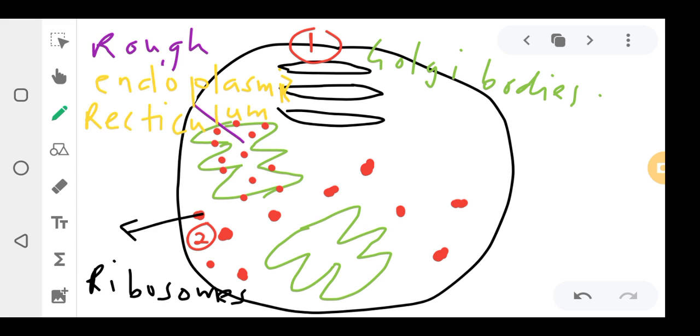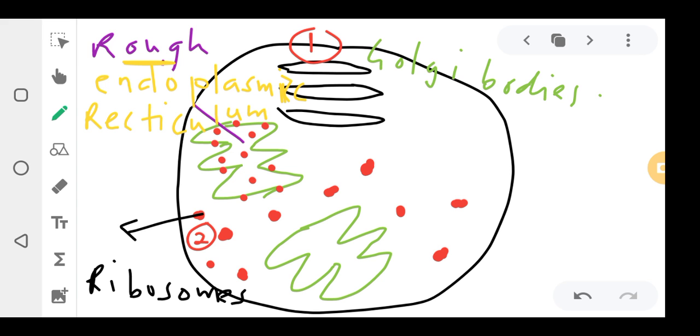Why is it rough? Because they've got ribosomes on it. It has got these red things put around it. These red things are called ribosomes.